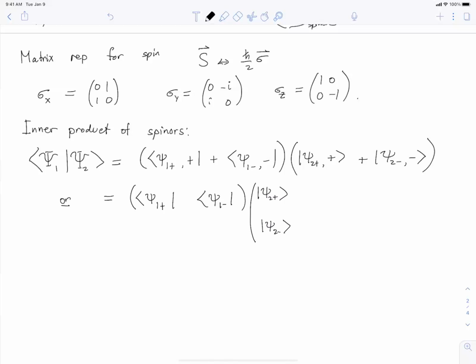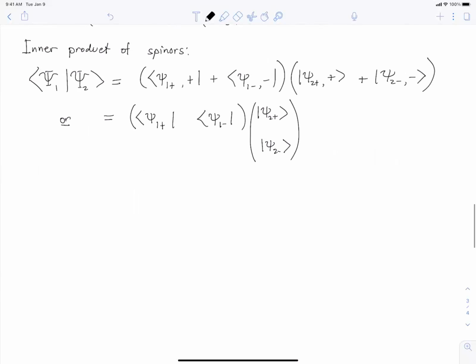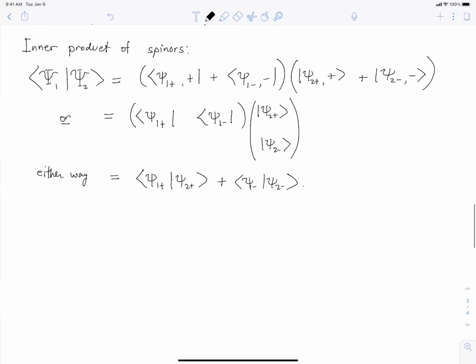And so when I'm taking the dot product of those two vectors, I just take the dot products of the individual parts. So either way, we get the same answer. The inner product has to be a number, and the number is just the inner product of psi 1 plus with psi 2 plus, plus the inner product of psi 1 minus with psi 2 minus. Okay, so that's how inner products of these things work.